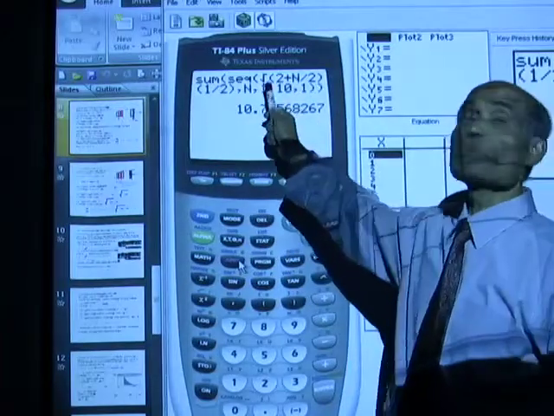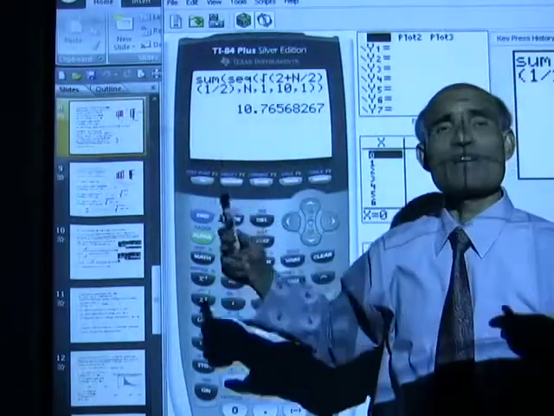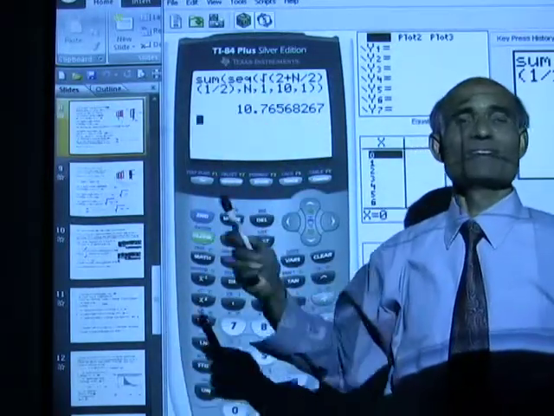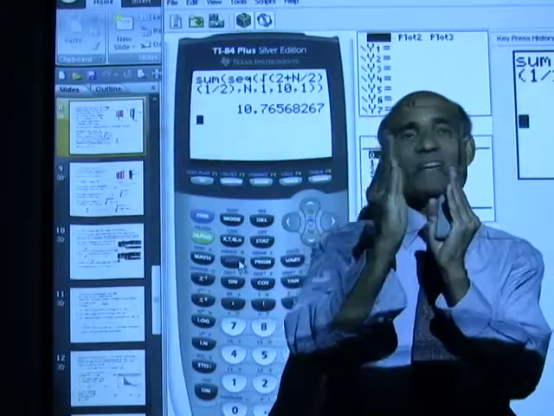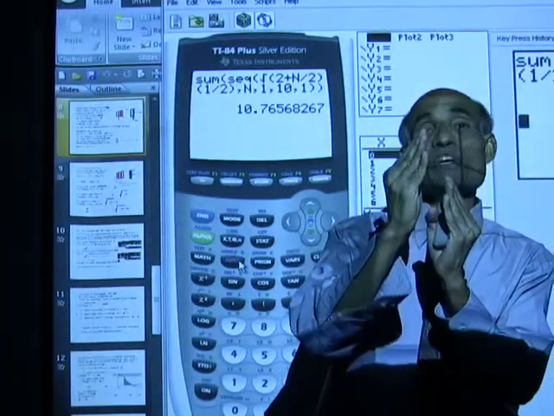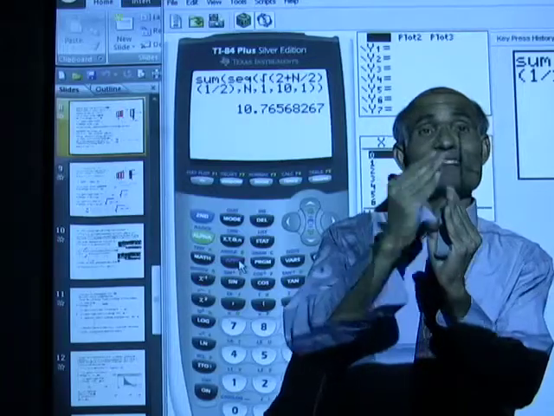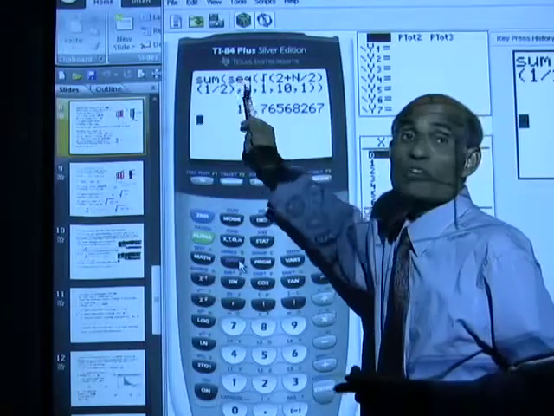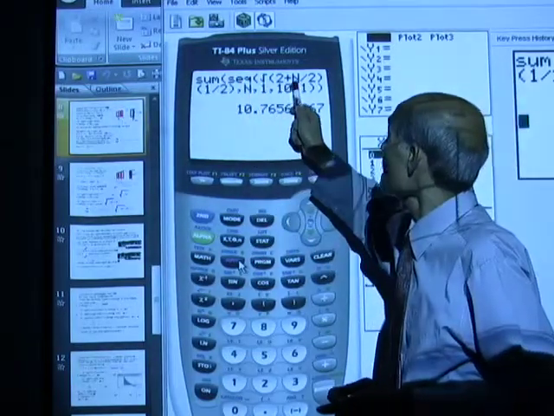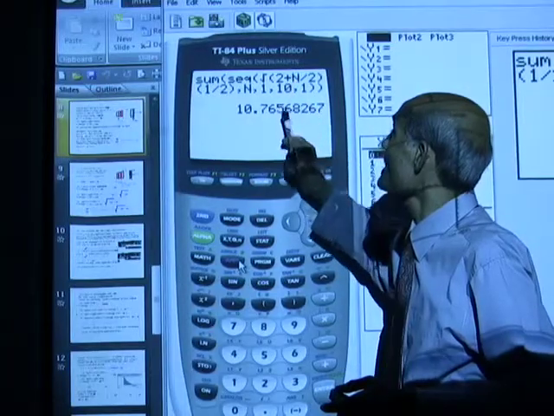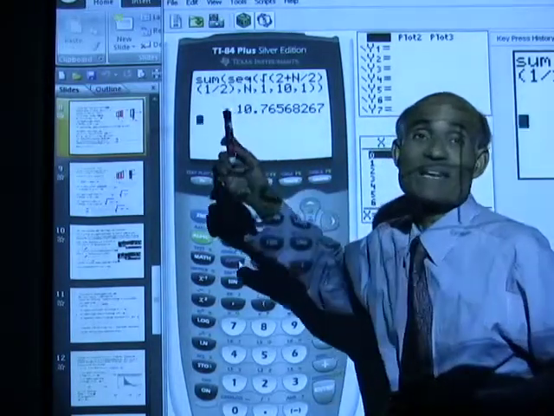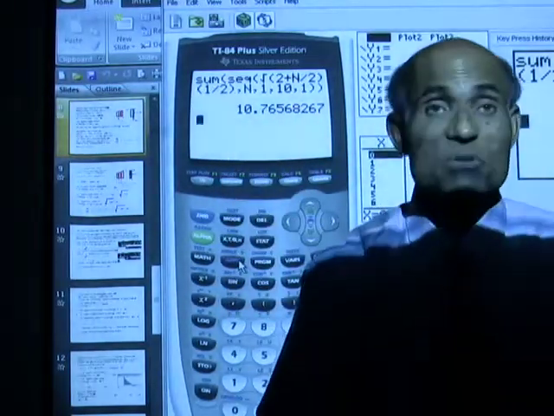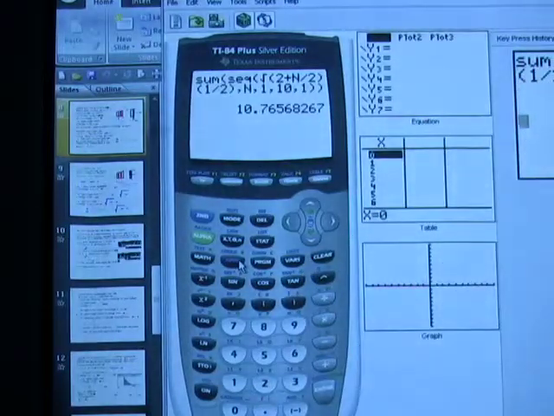How can we change this so that it becomes the left area? Remember, each time you take the left area, n is reduced by 1. So if you take this and replace this n by n minus 1, that will be the left area. So let me see if we can do that right here.